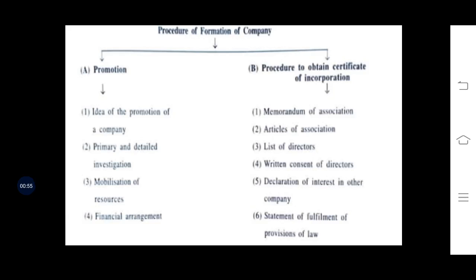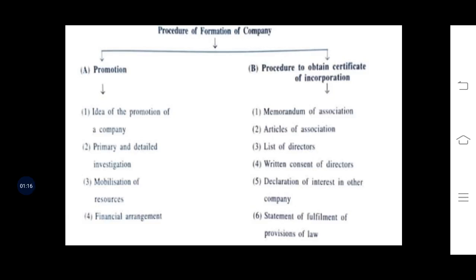Then mobilization of resources: whether resources will be available, whether at cheaper or higher cost, and how they can mobilize all needed resources to commence the business.